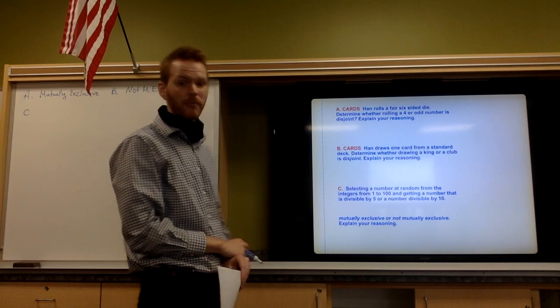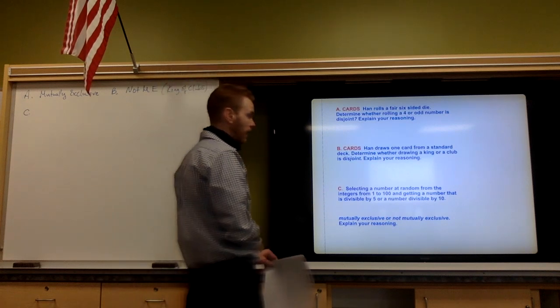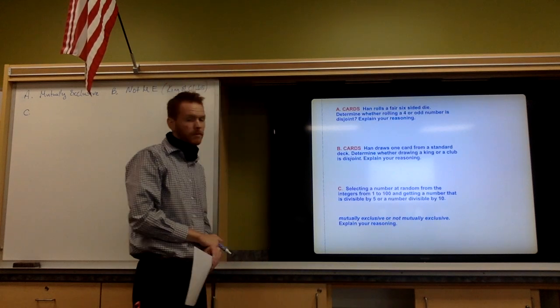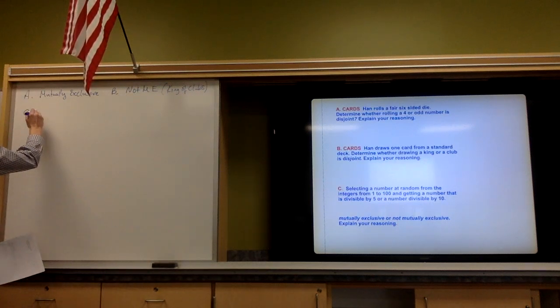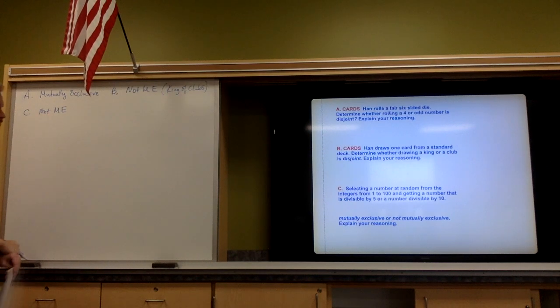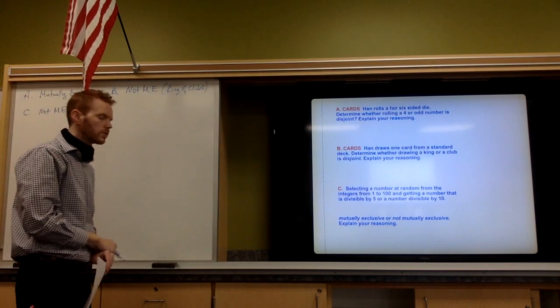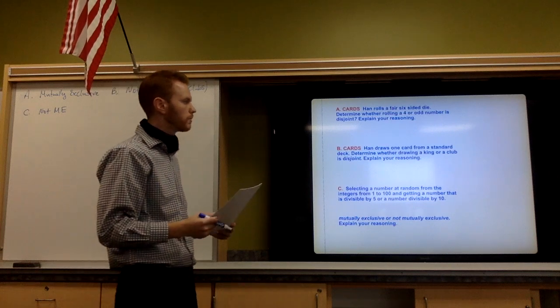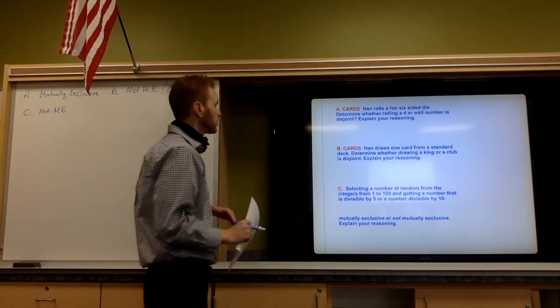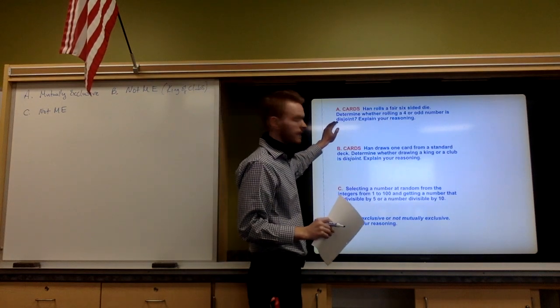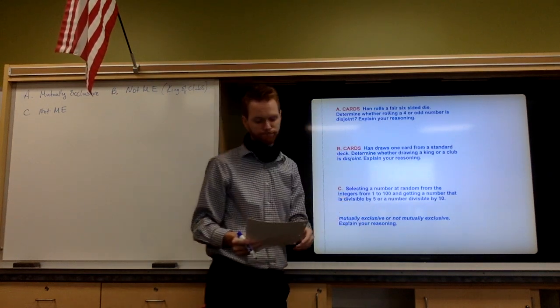For instance, 30. 30 can be divided by 10 and 5. So they both could happen, they affect each other. In this case, it would be not mutually exclusive. Just a couple of examples to get you familiar with mutually exclusive and not mutually exclusive. The first one, the outcomes don't affect each other. The other two do.